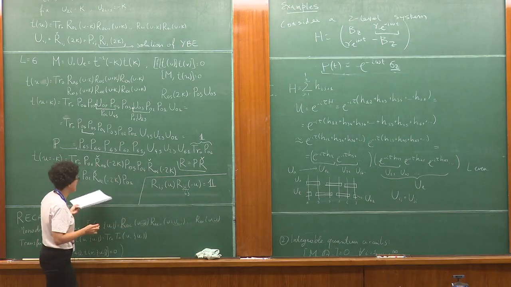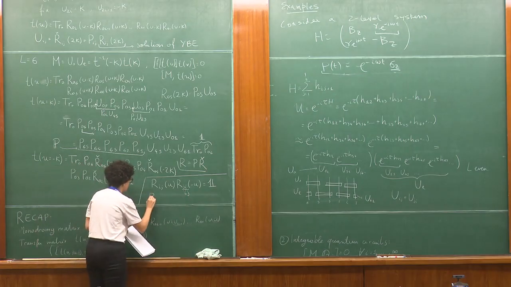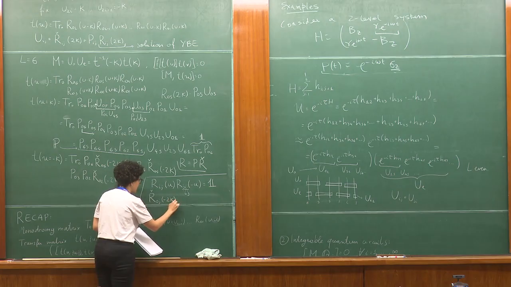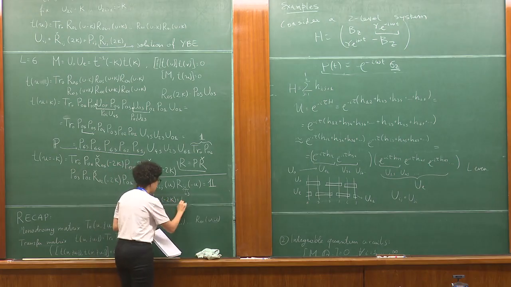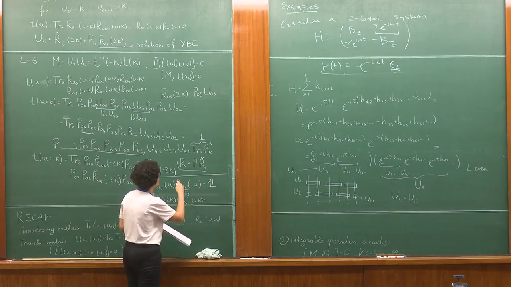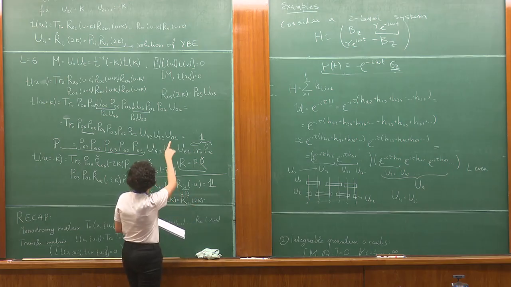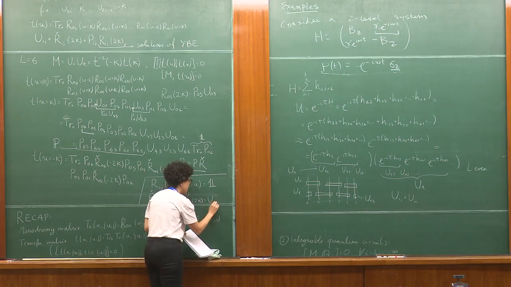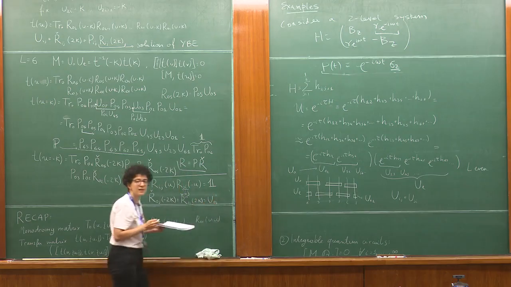So I can write this R check 0j of minus 2 kappa as R check inverse 0j of 2 kappa, but this is just u because of the definition of u. This is just u inverse 0j, right?